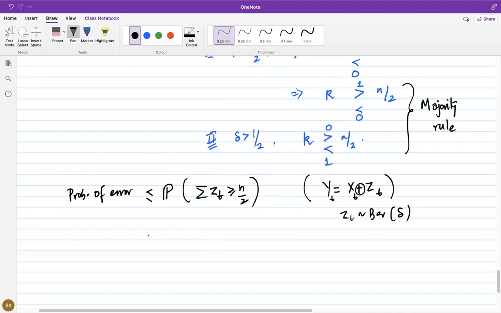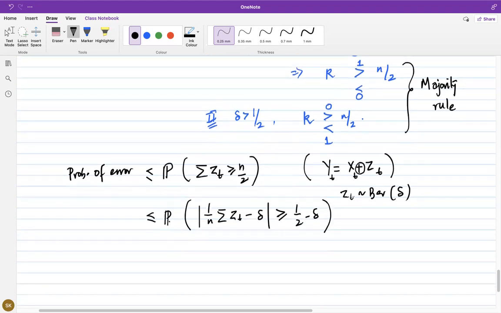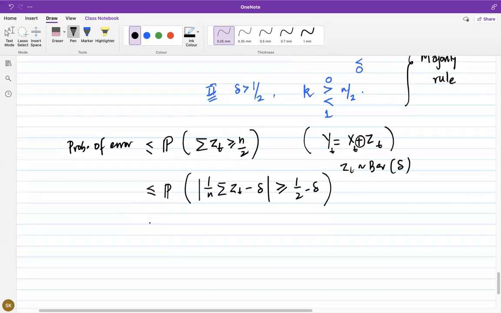So this probability can again be upper bounded by this event here, just simply 1 by n times the sum of z_t being greater than delta. This is an upper bound because the event that you are seeing here is actually a superset of this small event. Therefore, the probability of that superset is more than this small event here.